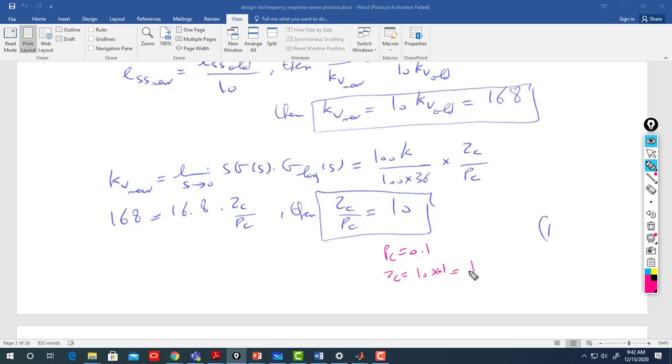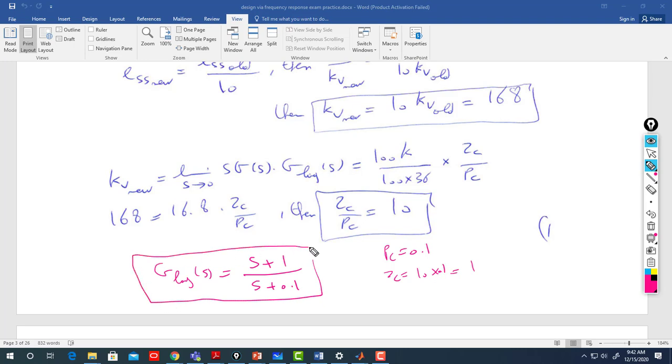So then I can say my lag compensator equals S plus 1 over S plus 0.1, for example. And this is my lag compensator that is supposed to satisfy my requirements. So let's go and implement it.